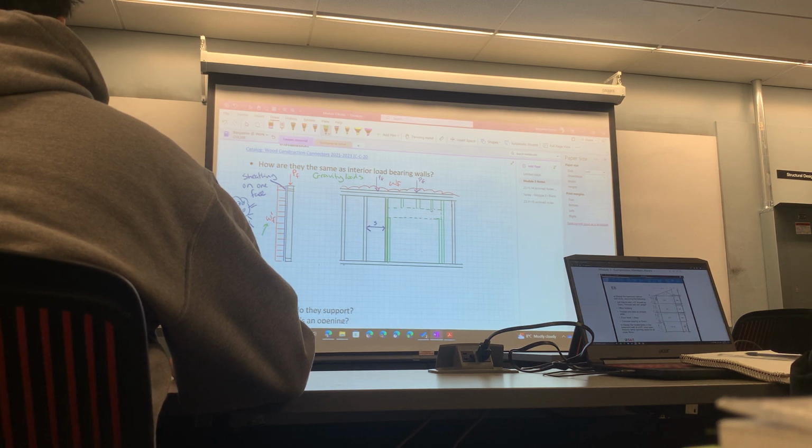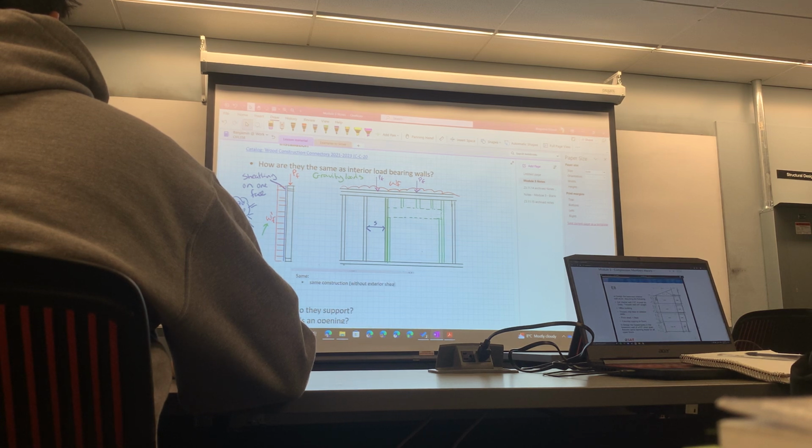How else are they the same as interior load-bearing walls? The load is transferred the same, essentially. So we got same construction without exterior sheathing.